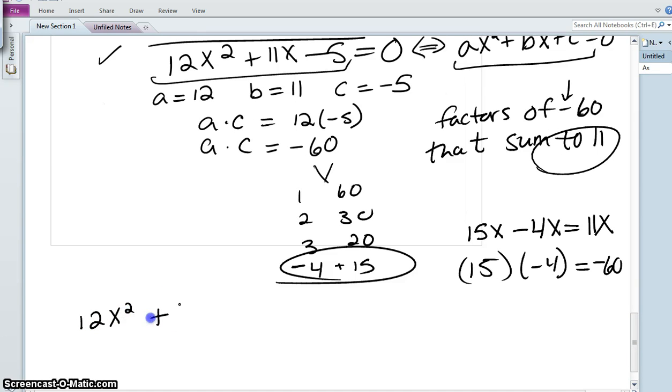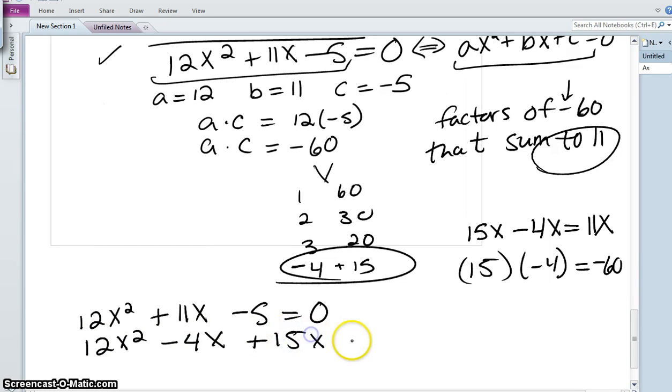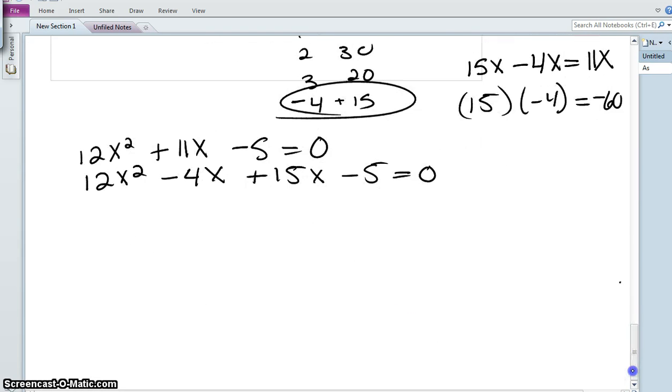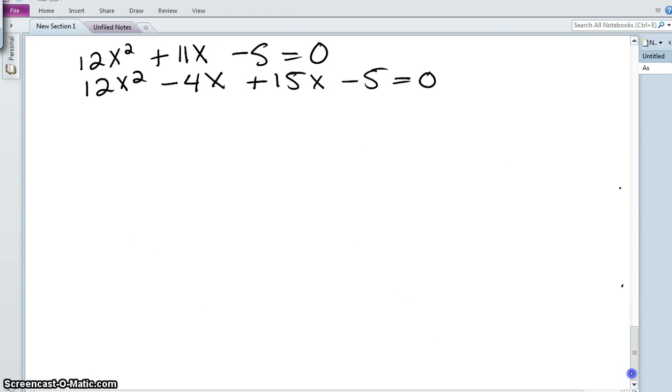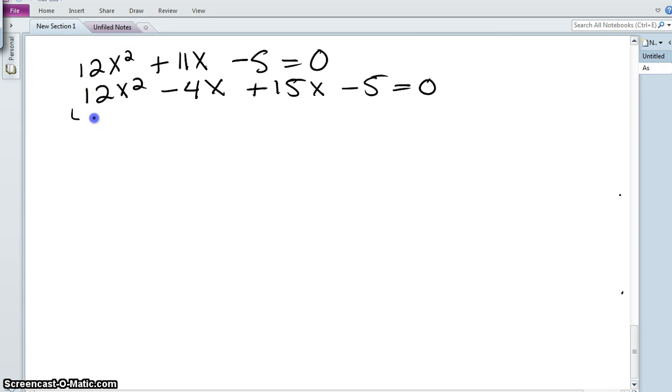12x squared plus 11x minus 5 equals 0 becomes 12x squared minus 4x plus 15x minus 5, still equal to 0. Those two equations are equivalent, only now I can factor by grouping. The greatest common factor in these first two terms is 4x.